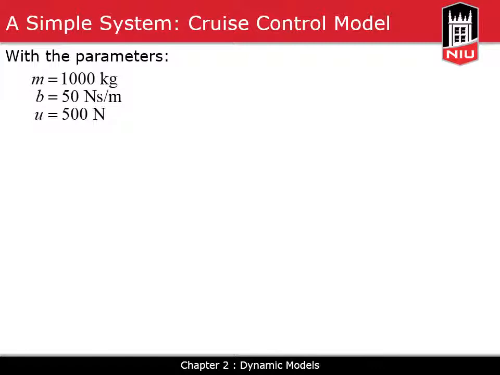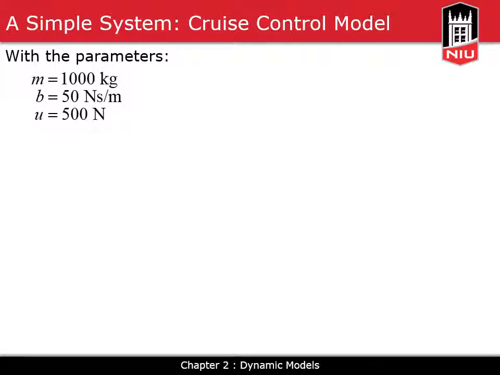The reason I said that is because for this example, we're going to give values to our constants m and b, and also pick a constant value for the input u. So let's say m is 1,000 kilograms, b is 50 newton seconds per meter, and u is 500 newtons. Remember, u is not supposed to always be a constant, but here it's our input.